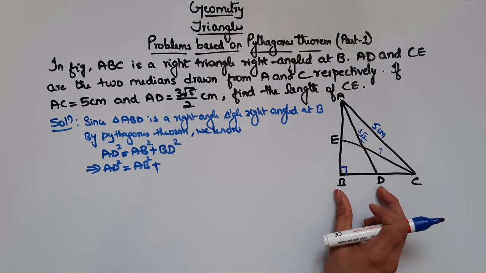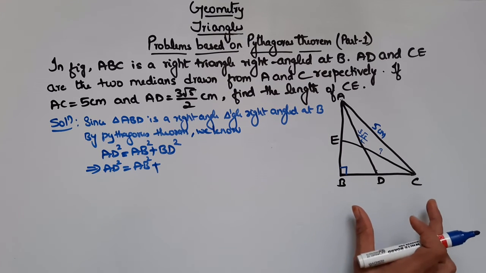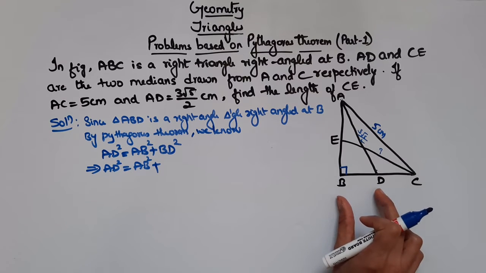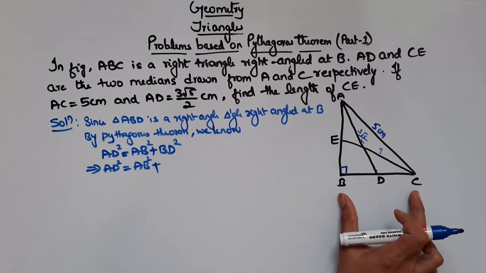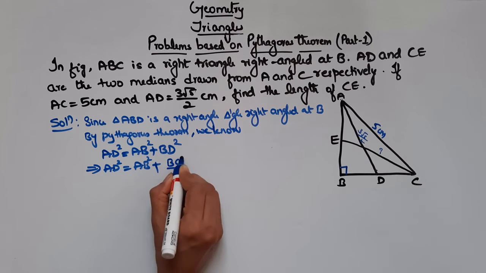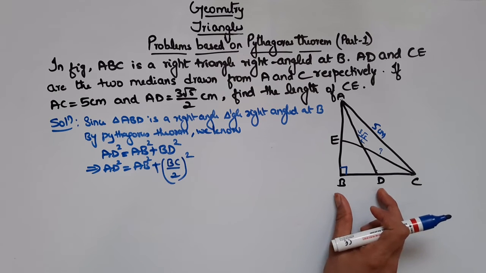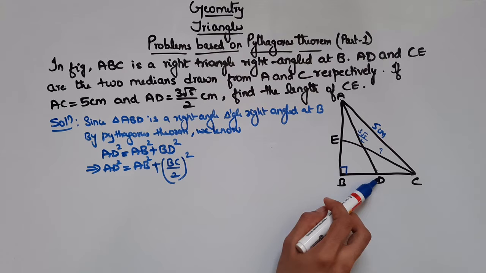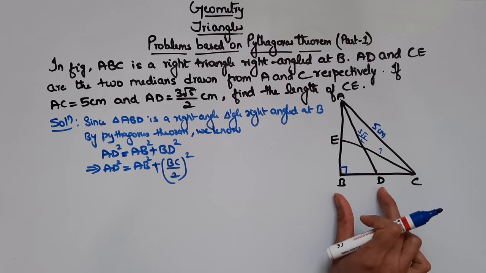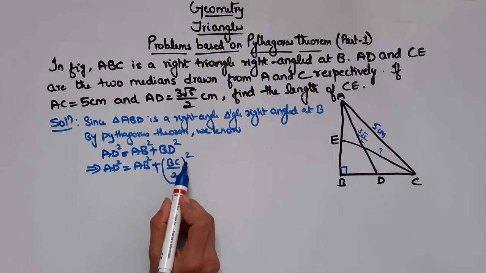So BD you can write as half of BC. Since they have told AD is a median, that means it divides BC equally, right? So you can write BD as BC by 2, the whole square.